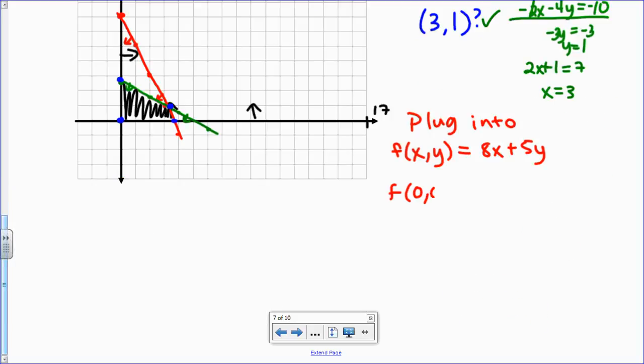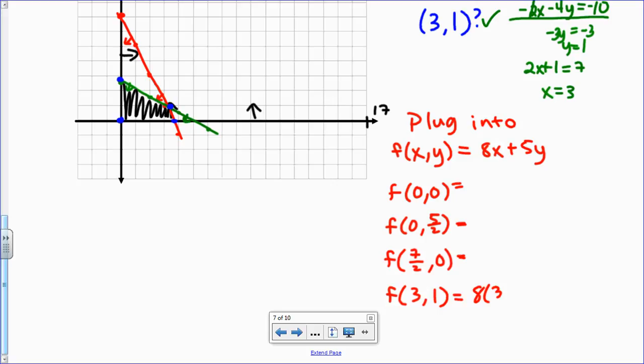So 0, 0, 0, 5/2, 7/2, 0, and 3, 1. Like this. Substitute them in for x and y. That's 29. And whatever one is the biggest.